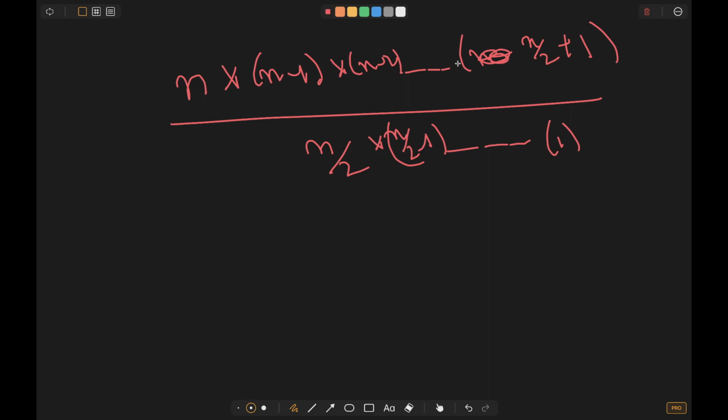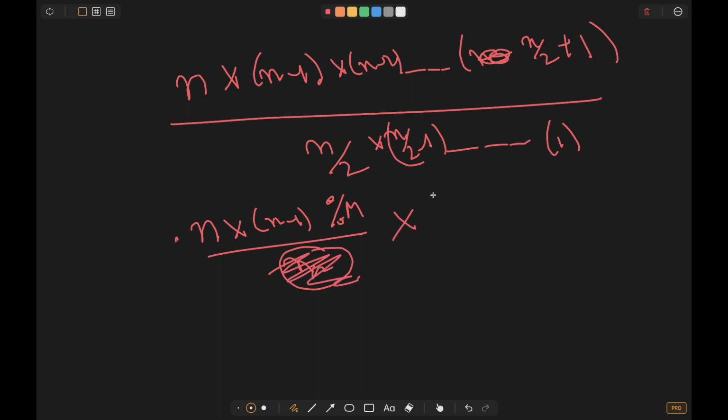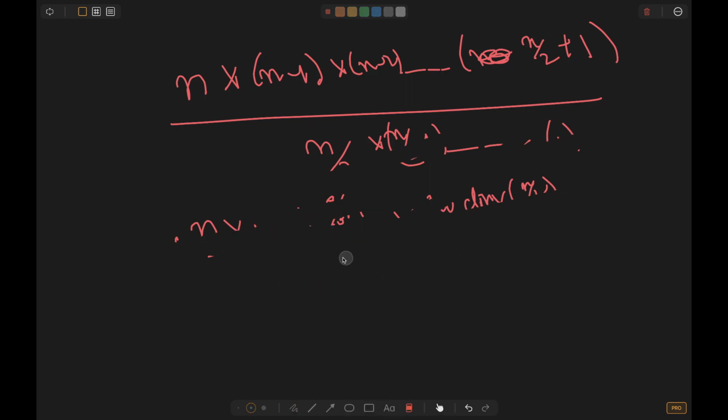Now, to calculate this value, you're going to have to learn what a modular inverse is, because when calculating the answer in mod, you cannot multiply n by n minus 1 and then divide by n by 2, because you're taking mod over here. If you want to divide by something, you need to multiply by its modular inverse. So I'm going to call it mod inv. So you have to multiply by the modular inverse. So that is like this, and then it becomes, let me just erase this.